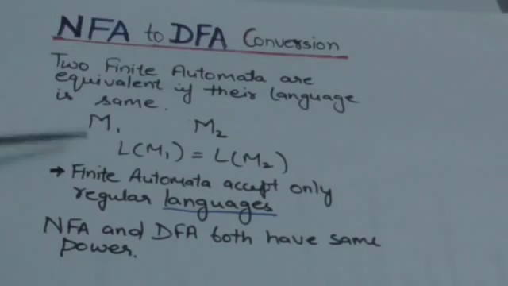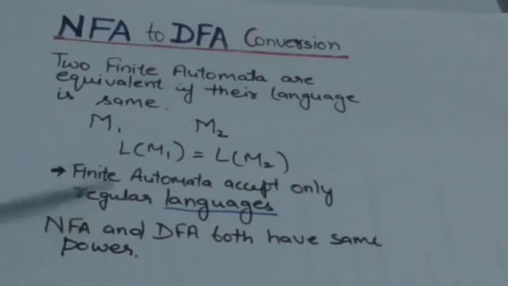One thing which I would like to tell you about finite automata is that finite automata accept only regular languages. Regular languages is a type of language, right? For each automata, we have a language associated with it, and that language is the set of strings which is accepted by that automata.